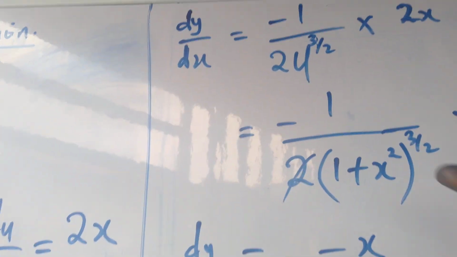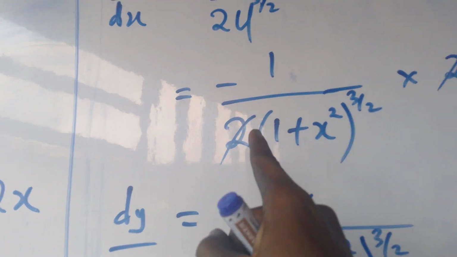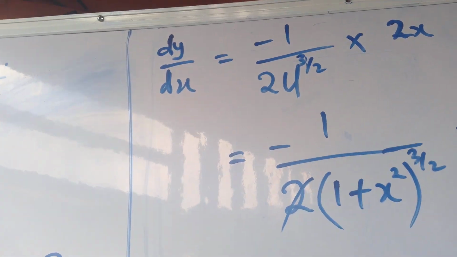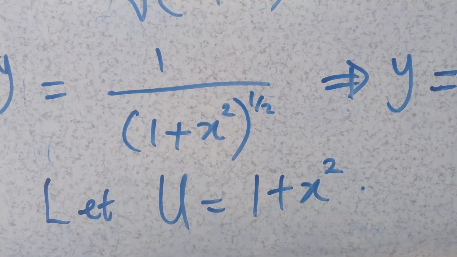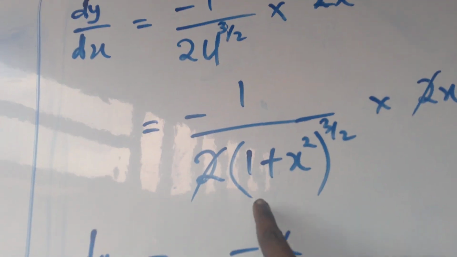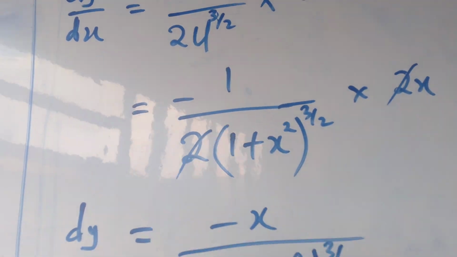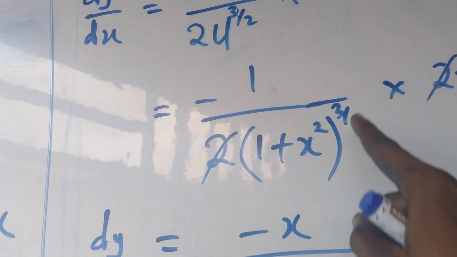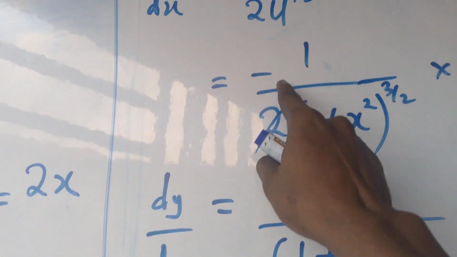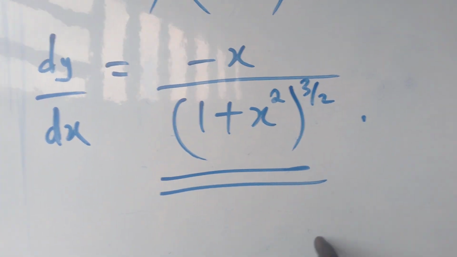So we saw how we did the arithmetic. We had to put the value of u, which was 1 plus x raised to power 2, in place of u. The 2 cancels the 2, and minus 1 times x gives minus x. Final answer is this.